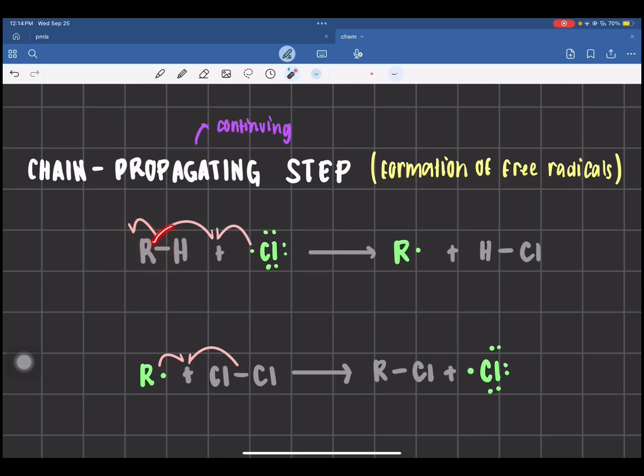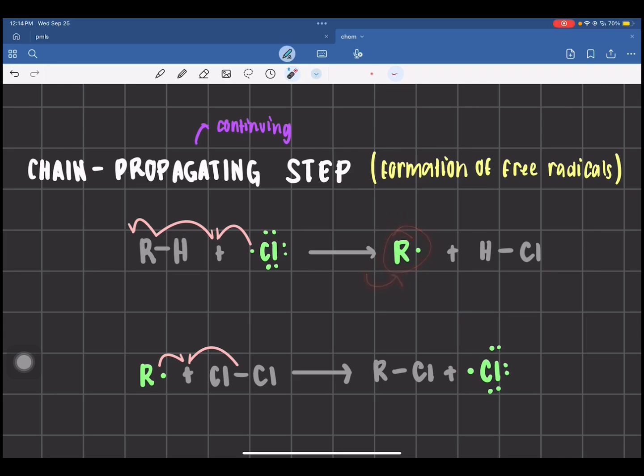And then one more papunta here. And then from this chlorine atom, nagbibigay rin siya dyan. So magkakaroon na ng bond between this hydrogen and chlorine, which makikita natin sa product here. And since yung isang electron from this single bond ay bumalik dun sa backbone, meron na tayong alkyl radical. So, dito sa unang chain propagating step, ang na-form ay alkyl radical.